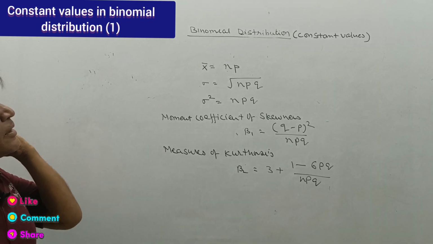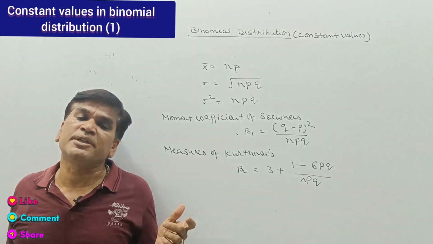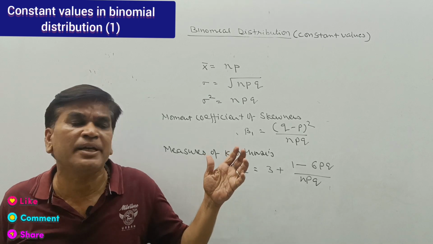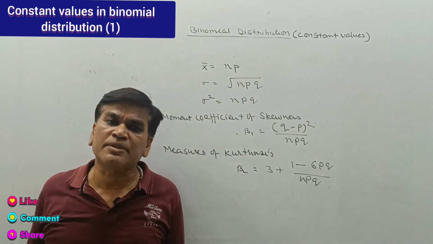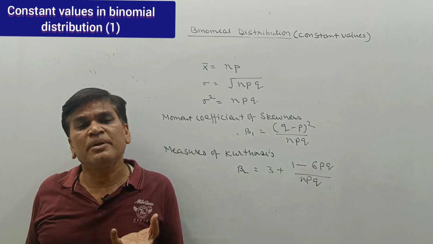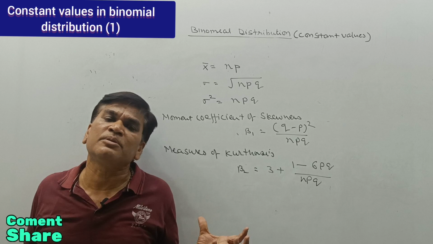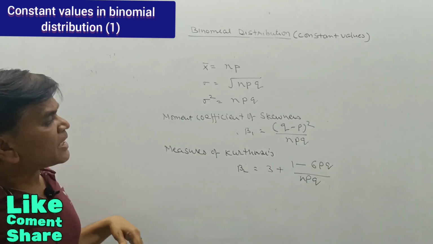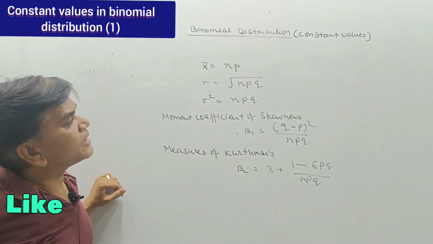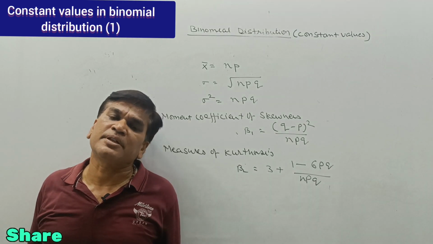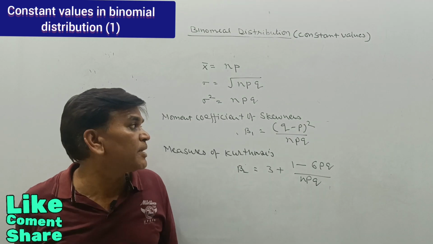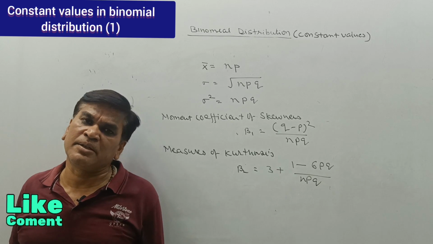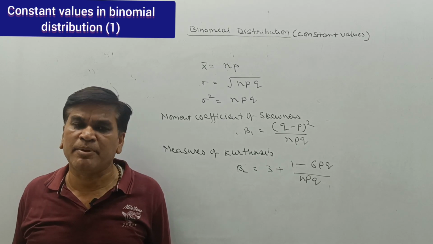We have other moments, moment first, second, third and fourth, but generally in questions we don't require these, so I am not showing the values of mu1, mu2, mu3, mu4, because these moment values are not asked in the questions. Generally the questions want the arithmetic mean, the variance, the moment coefficient of skewness, that is beta 1, which is q minus p raised to power 2 divided by npq.